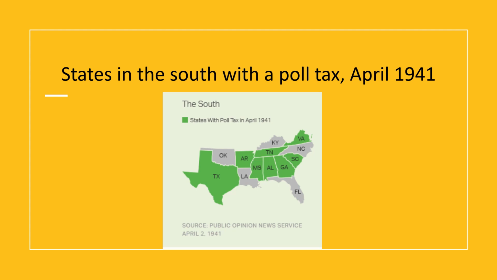So here we see that when states had the power to decide whether or not to impose a poll tax, most states in the South indeed imposed a poll tax. So we see most states in the South did impose a poll tax, although it was probably close to half, and this was in 1941. This shows us that when states did have the right to impose a poll tax, many of them did.